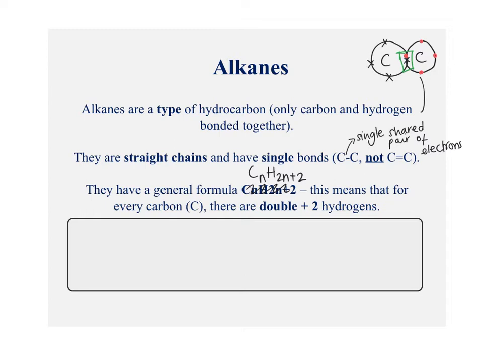And as it says there, that means for every carbon, so whatever n number of carbons, there are double plus 2 hydrogens. So if I've got C6, for example, my H I know is going to be 2 times 6 plus 2. So actually my chemical formula for this molecule is C6H14.